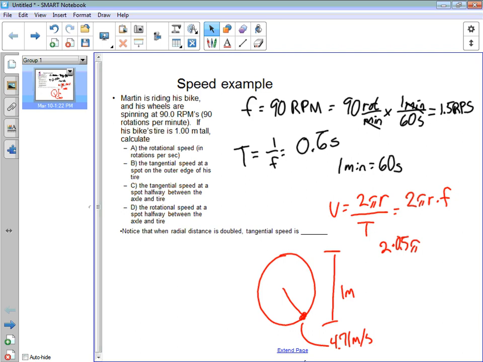We do have a couple of passages. So we have the tangential speed at the outermost edge, that would be right there, as 4.71 meters per second. Now if we're talking about the tangential speed at a spot halfway between the axle and the tire, right about there, let me go ahead and mark that.